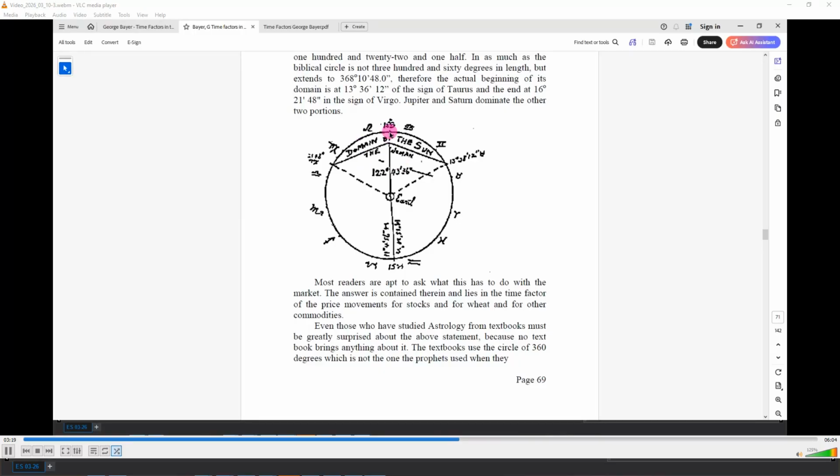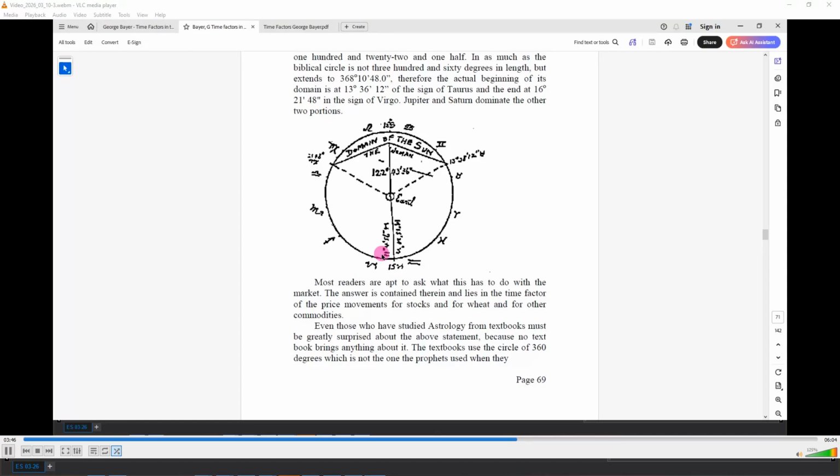Now, at 15 degrees of Cancer, the other side of that is 15 of Capricorn, which is right in the middle of those 2 points. But if you go 122.5 from either the beginning or the end of the domain of the sun, that's how you get those 2 points in Capricorn. Now, you can extrapolate that idea with what I just said about 15 degrees of Leo.